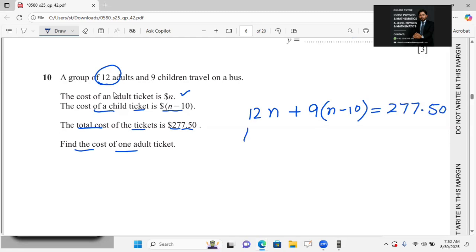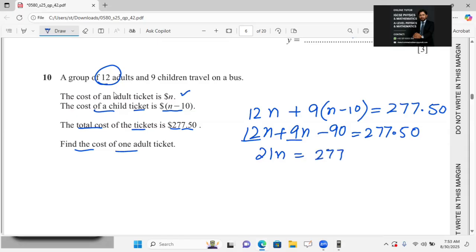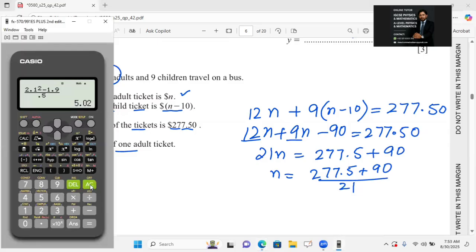So it is 12N plus 9N minus 90 is equal to 277.50. 12 plus 9 is 21N is equal to 277.5 plus 90, and later on N is equal to 277.5 plus 90 over 21. Let's check what is the answer. For this purpose, I am introducing the fraction over here.